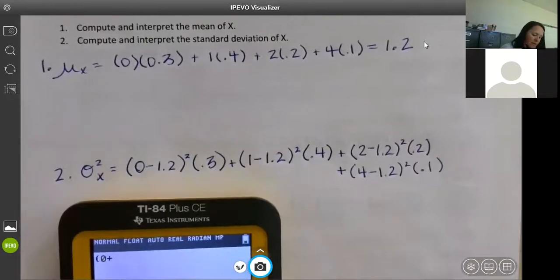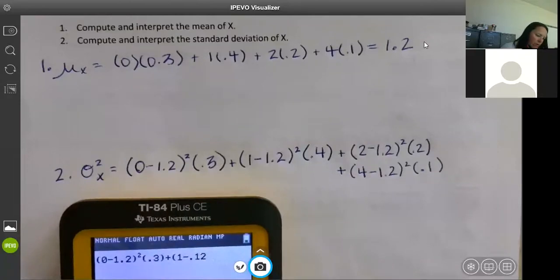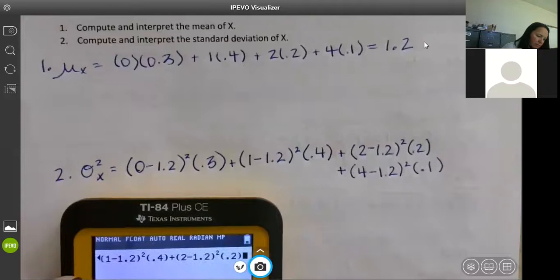So 0 minus 1.2 squared times 0.3. 1 minus, y'all tell me if y'all see me do anything weird, squared times 0.4 plus 2 minus 1.2 squared times 0.2, 4 minus 1.2 squared times 0.1.